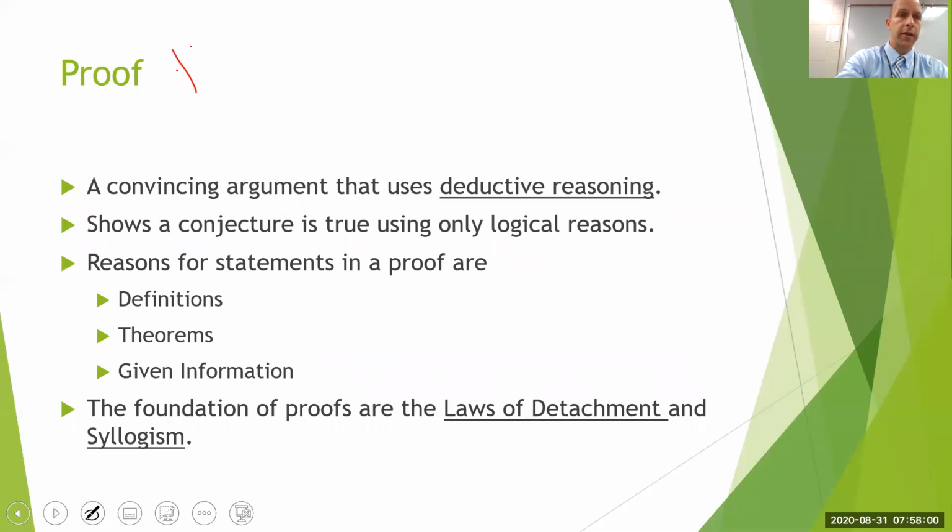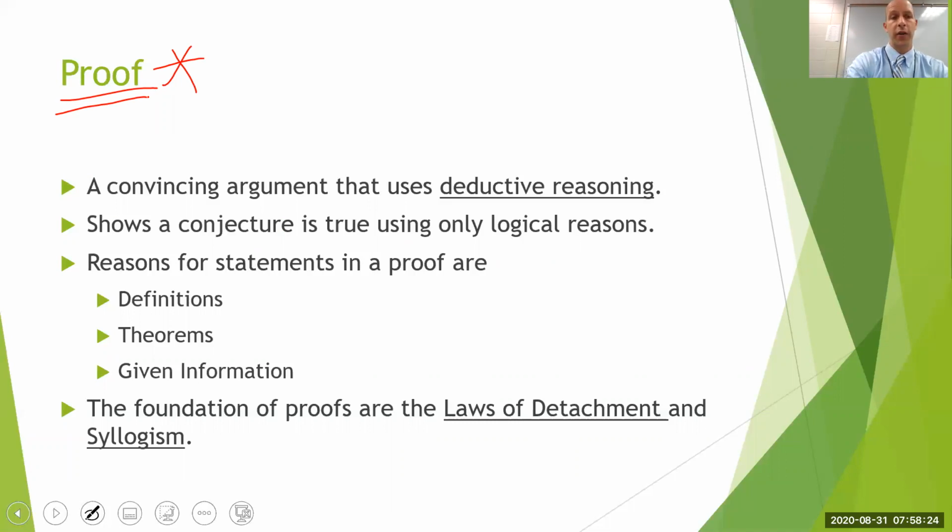So this section is basically the foundation of this thing called proof, which is something we're going to talk a lot about this year. And what is a proof? A proof is just a convincing argument that uses deductive reasoning. Remember, we talked about inductive reasoning versus deductive reasoning. Inductive reasoning is when you just use patterns.